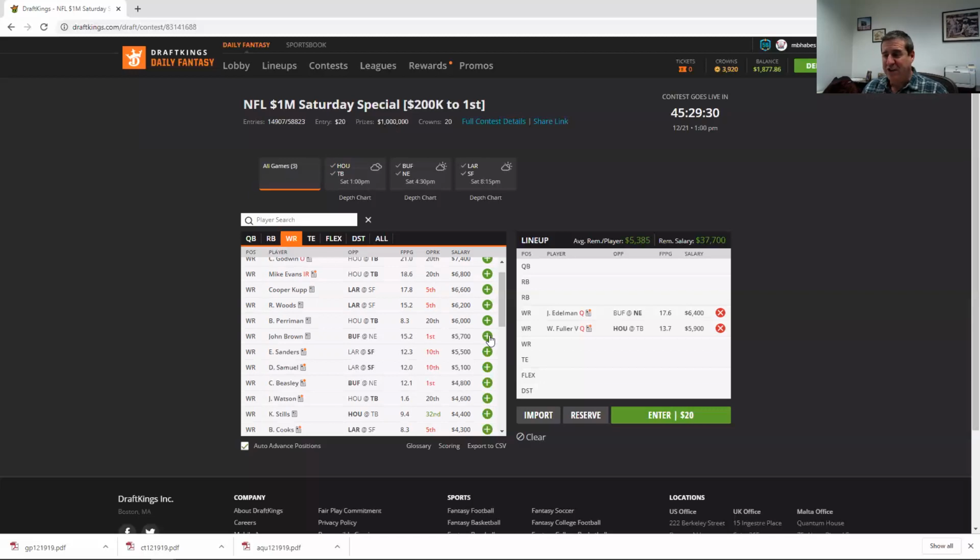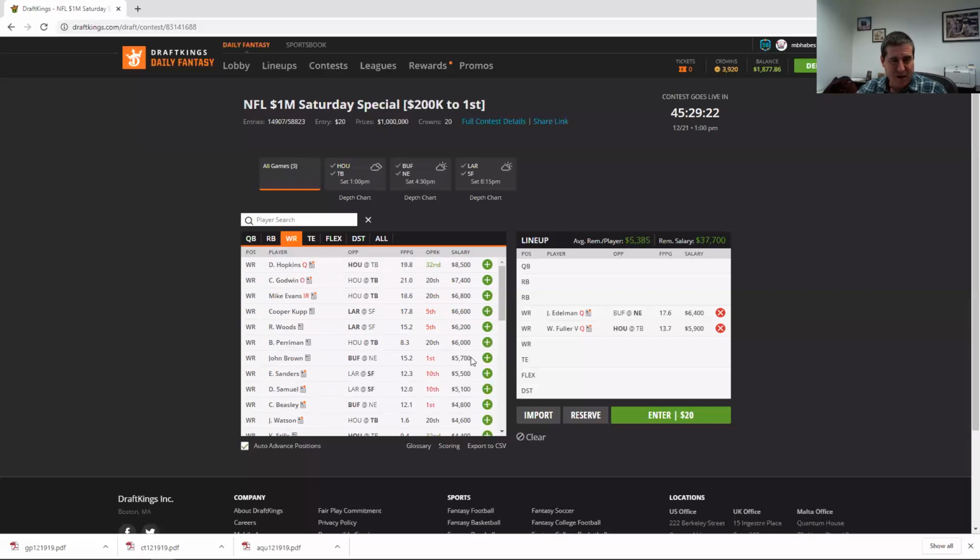So of all these guys in the same projection range, I can go to John Brown at only 15% and be in good shape as far as overall ownership goes. Because with each decision you make that reduces ownership over someone else, the product of your ownerships continues to decrease relative to the rest of the field, and you're trying to get somewhere.